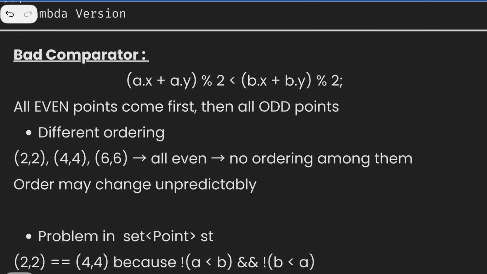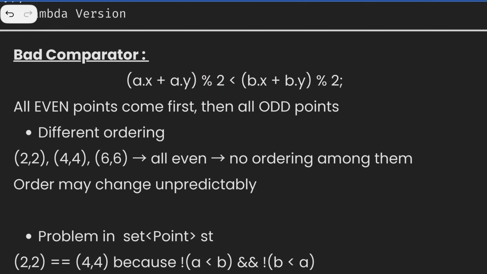The very important thing that we need to discuss is a bad comparator. Imagine A being a point. We earlier discussed the struct point, right? Imagine A being a point and B being a point. What we are saying is that the value of x and y added up with mod 2 should be less than the value of x and y for B mod 2.